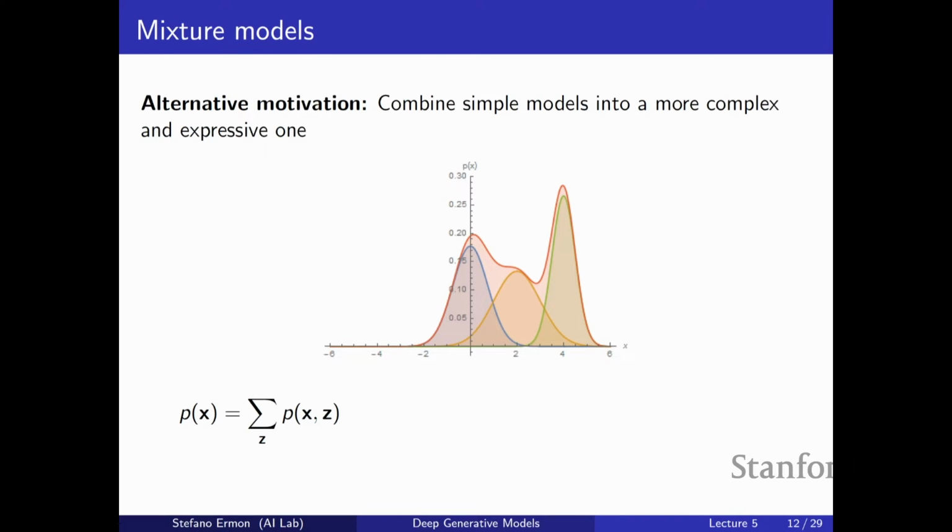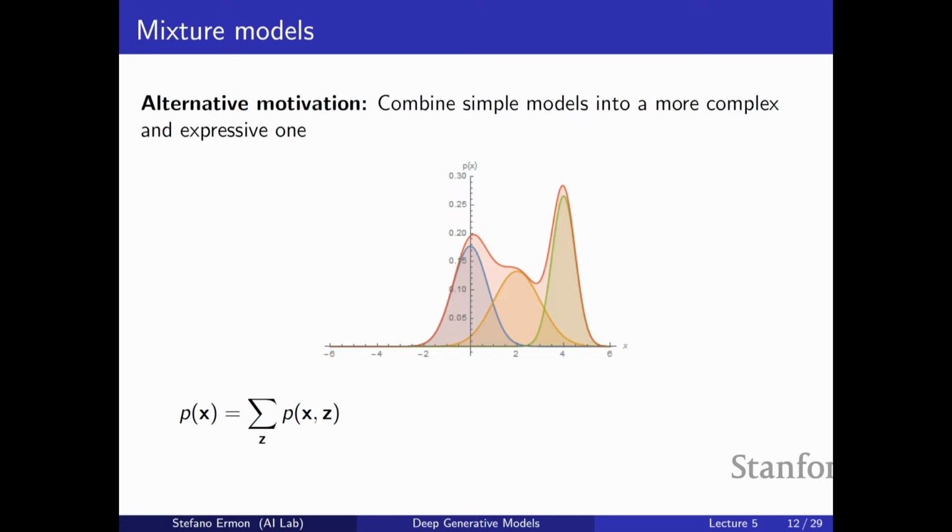Cool. So an alternative motivation is that it's a very powerful way of combining simple models and getting a more expressive one out. Using latent variables allows you to have this kind of mixture model behavior, which is a very good way of building very flexible generative models.